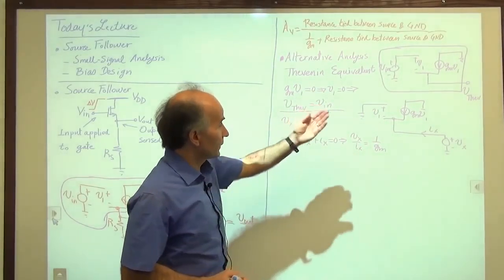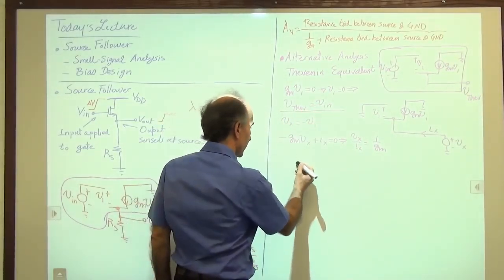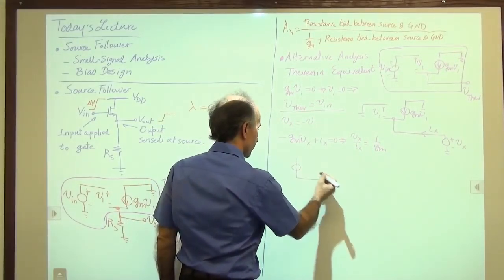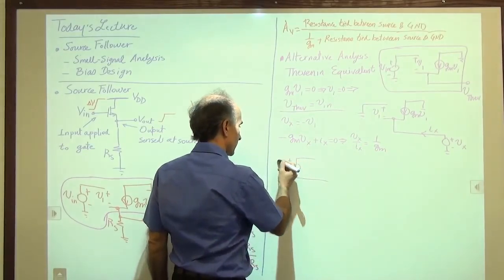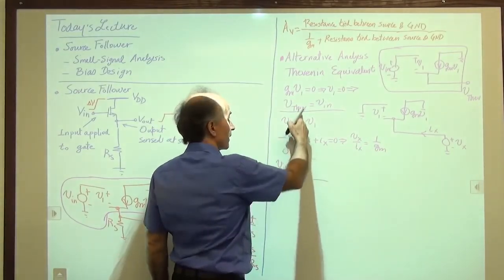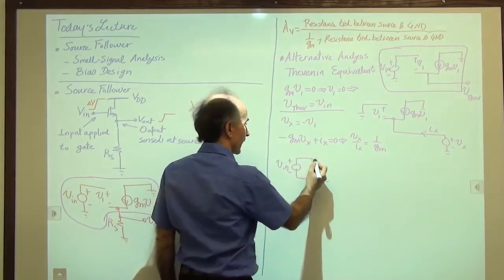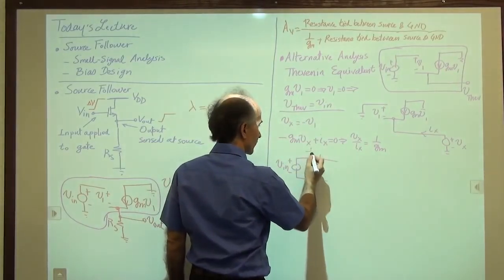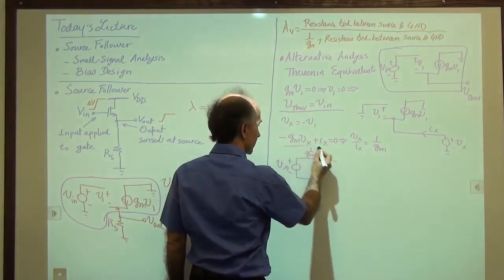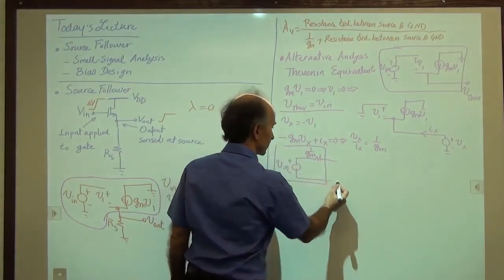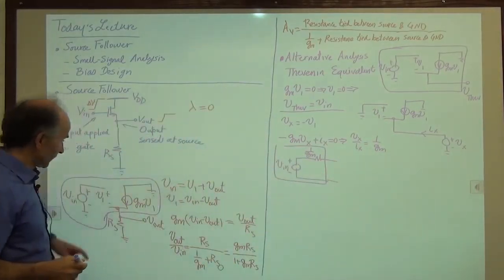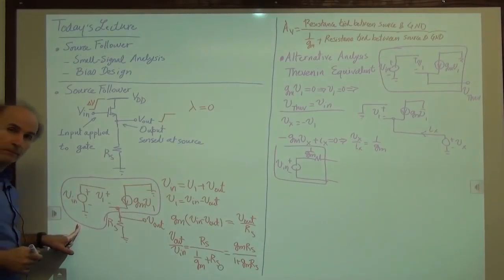Okay, so we have constructed the Thevenin equivalent. For that box, we have Vin, because we decided that the Thevenin voltage is just Vin, and then the resistance, which is 1 over Gm. This is the box. This is the Thevenin equivalent of this whole thing.